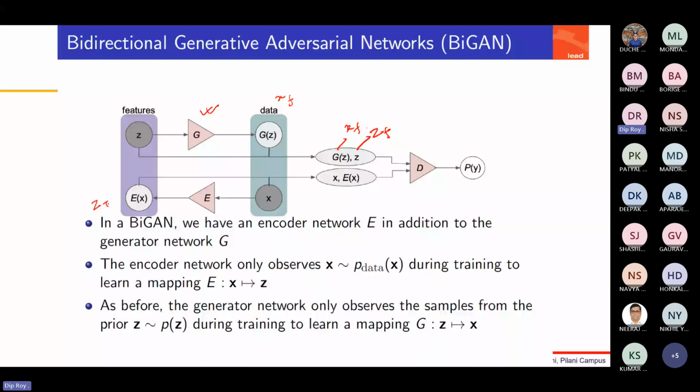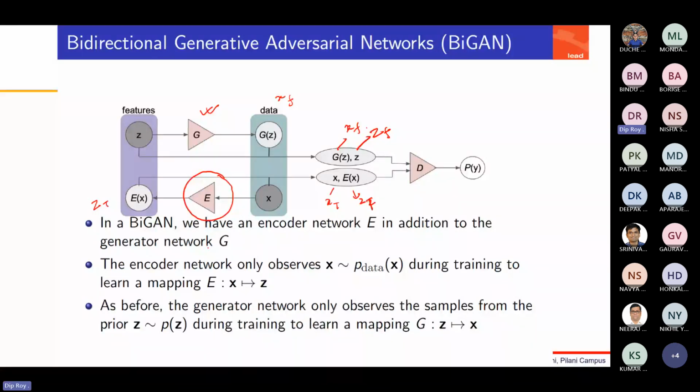So now you have an X which is true, and a Z which is also true. Then the discriminator does a two sample test here and gives you an output. In this process, when you are training your network, this encoder gets trained.